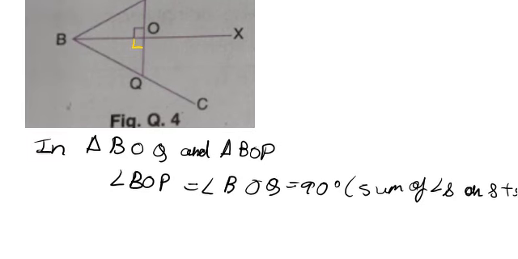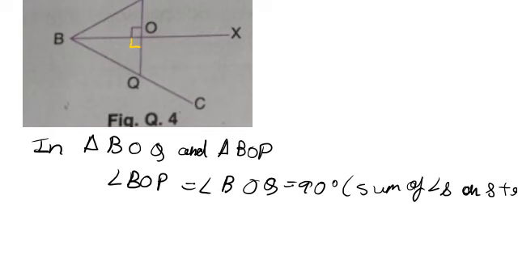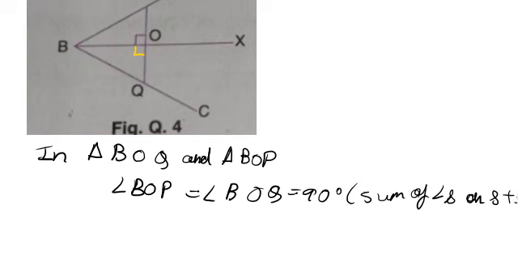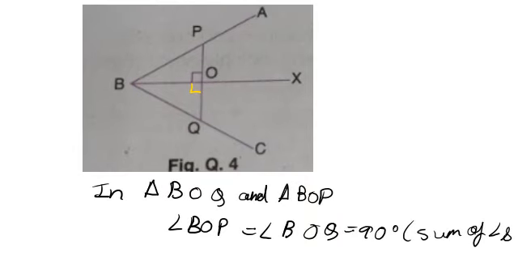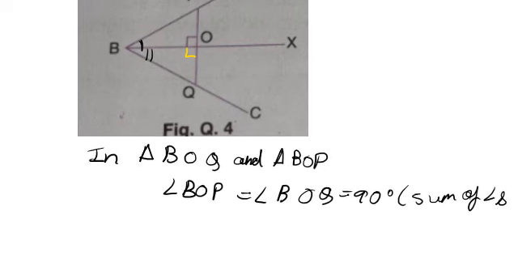Now you see here that next we have to prove this also. It's given in the question that PBO and QBO are being bisected by POQ, fine.